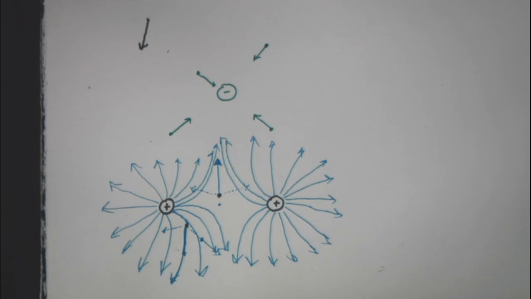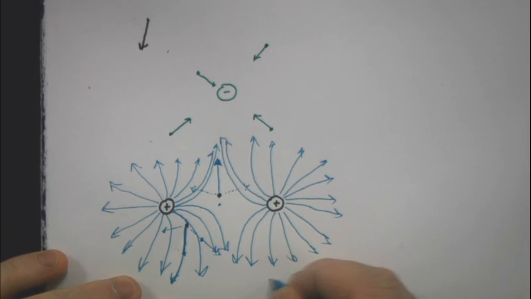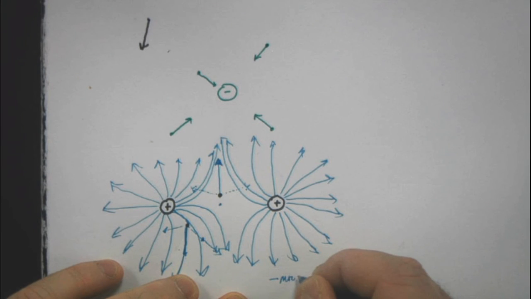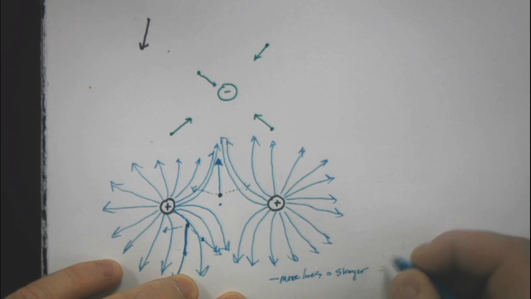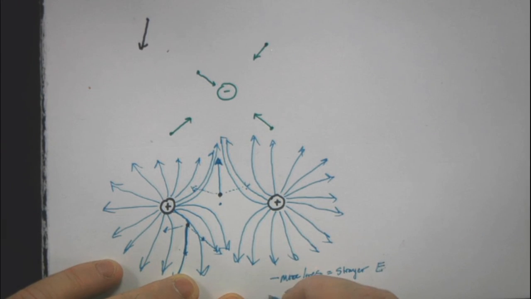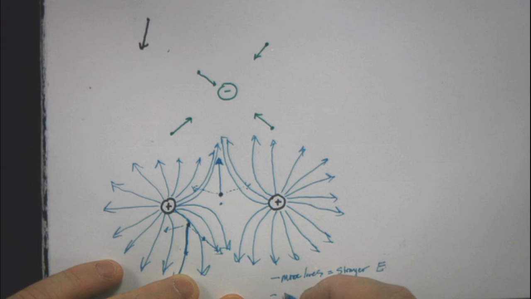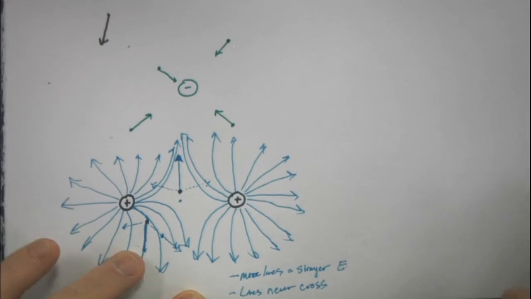All particles will behave the same, so the lines are never going to cross. So more lines equals stronger electric field, and lines never cross.